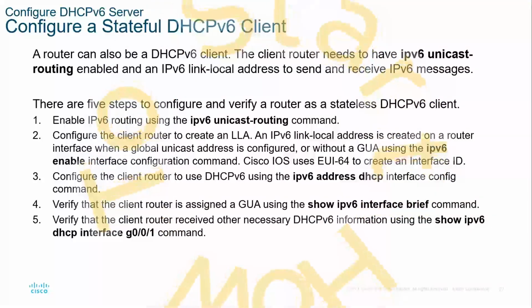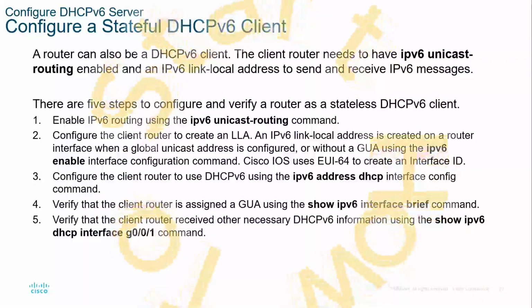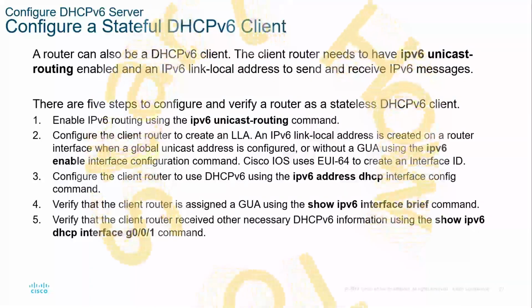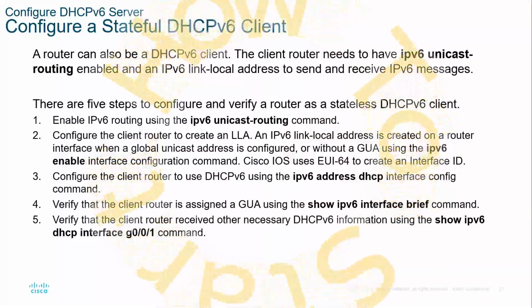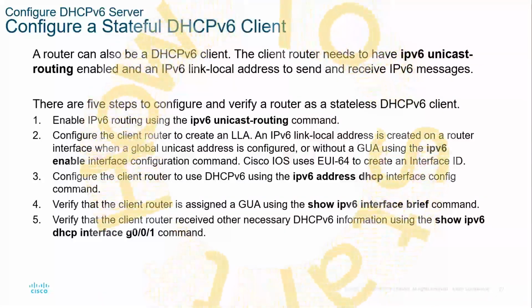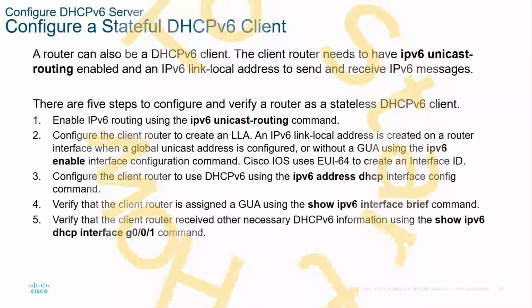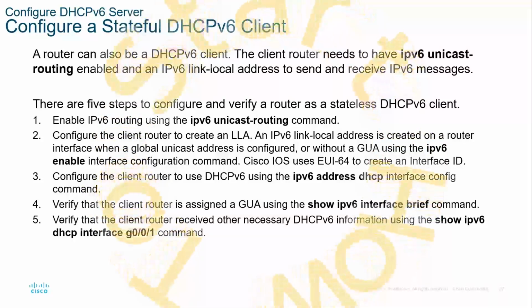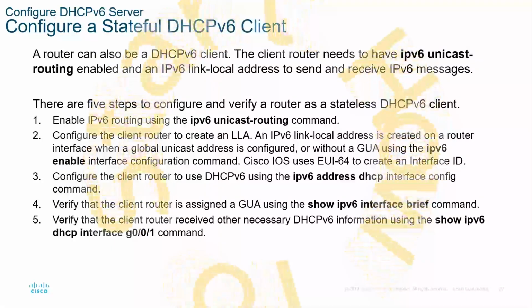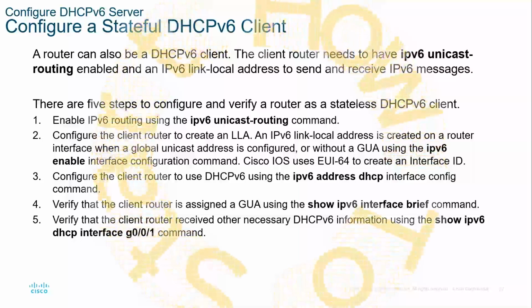You can verify by doing a show ipv6 interface brief or a show ipv6 dhcp interface and whatever interface you actually want to look at. So again, pretty similar steps when we're talking stateless versus stateful. And again, we have labs covering how to configure this, because going through the steps doesn't really help unless we configure it in a lab as well.